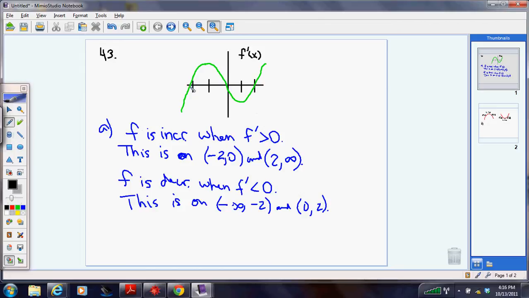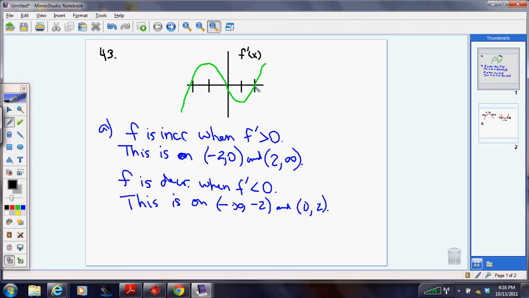At x equals negative 2, to the left, f prime is negative. To the right, f prime is positive. So f prime is changing from negative to positive, which means f is going downward and then upward around negative 2. We have a local minimum occurring at x equals negative 2.